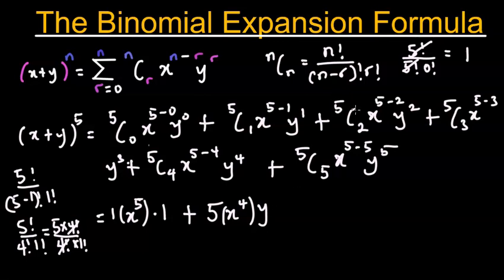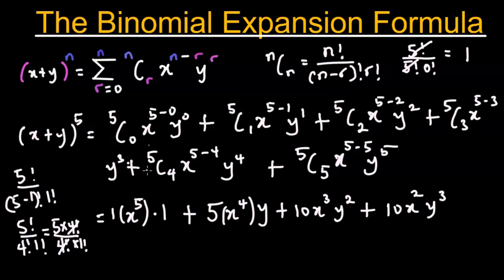Without wasting much time, I'm just going to use my calculator to calculate the combinations. When I type in 5 combination 2 in my calculator, I get 10. So this is going to be plus 10 x to the power of 5 minus 2, which is 3, y to the power of 2, plus 5 combination 3. Typing that in my calculator, I have 10 also. Then x to the power of 5 minus 3, which is 2, y raised to the power of 3.